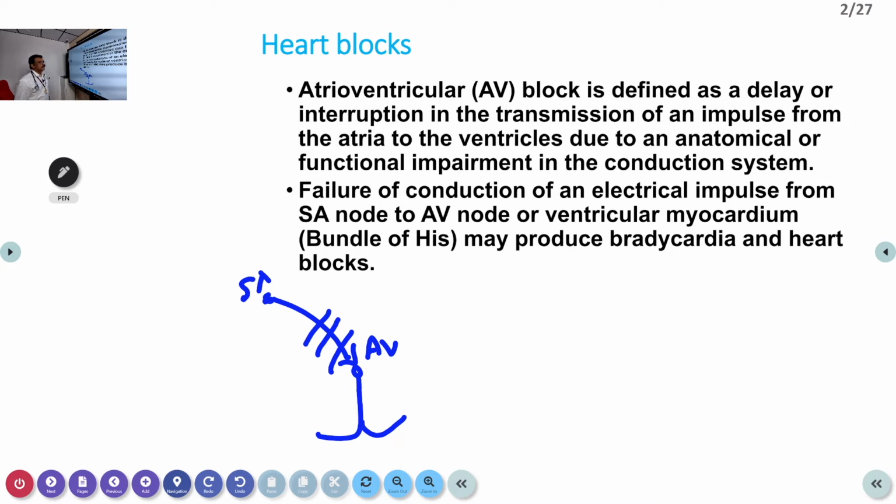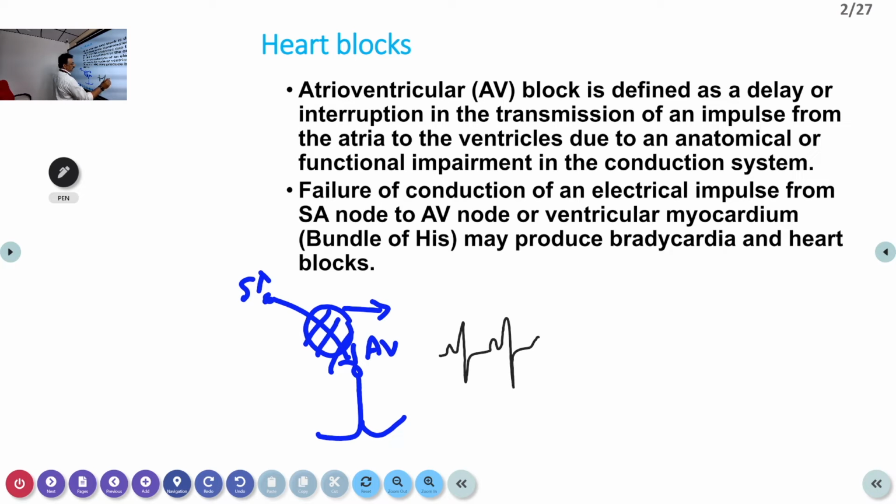So it is the delay or interruption in the transmission of impulses from the atria to the ventricles due to an anatomical or functional impairment. That means sometimes the problem will be in the structure, the anatomical area. Sometimes the problem is an electrolyte imbalance or some poisoning. Normally, when P waves and QRS complexes are there, it's a regular rhythm.